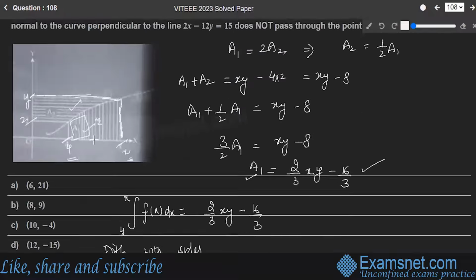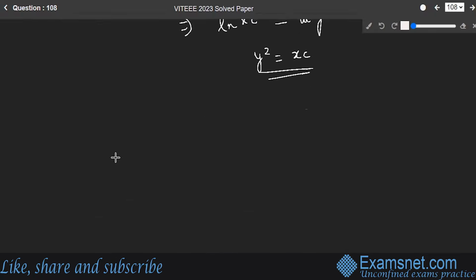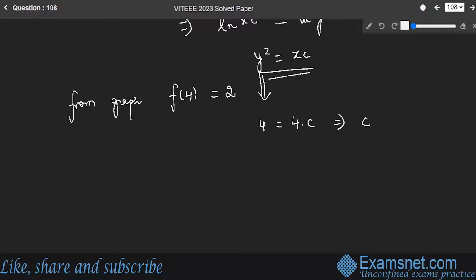Now from the graph, you have f of 4 is equal to 2, which makes this equation 2 square, that is 4, is equal to 4 into c, which makes c equal to 1. So what does this equation become? y square is equal to x.